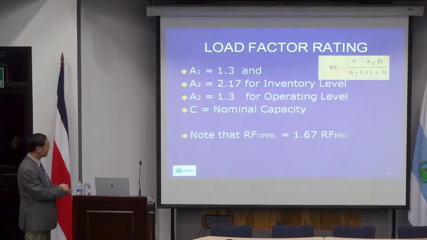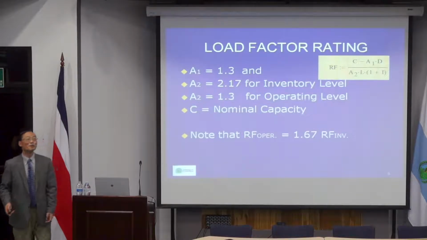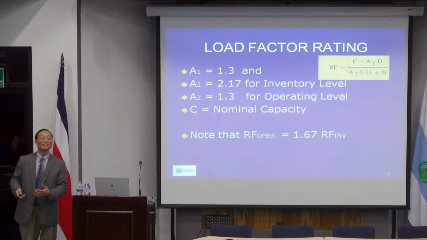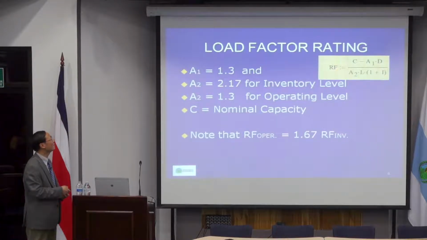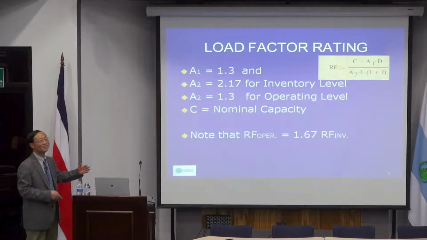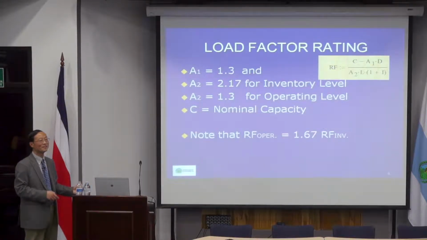So you'll see that if you lower these live load factors, you effectively increase the rating factor. If you look at people's rating calculations or rating data, you will know what method they use, whether allowable stress or load factor. But if they use load factor, the inventory rating is always proportional to operating, because it's just 2.17 divided by 1.3. That will be the ratio between inventory and operating. That's how much you increase.